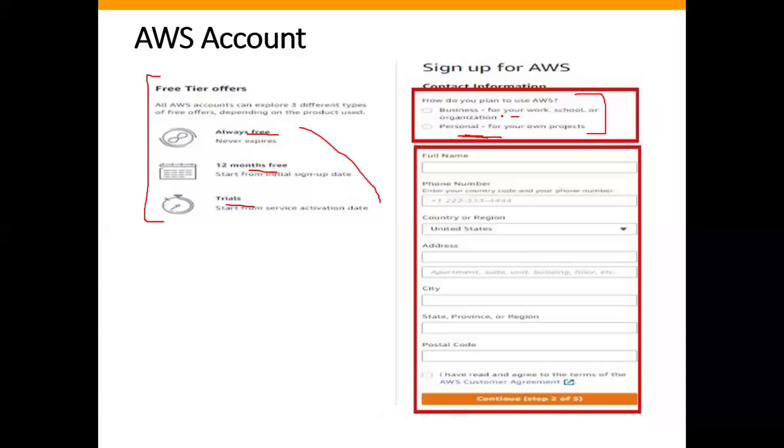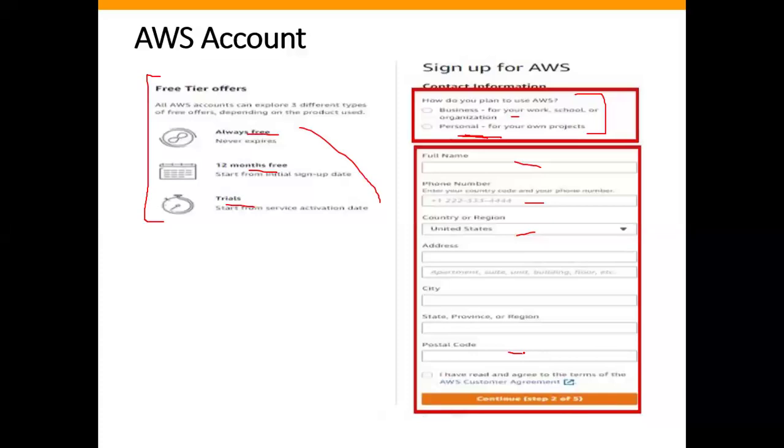Because in business, you have some plans you need to select, and you will get a minimum bill for those plans. In the personal one also we have plans, but we are getting one more option called the free plan. So there is no minimum bill from their side. So go with the personal, and here you need to enter your personal details also: your full name, your phone number, country, address, city, state, postal code.